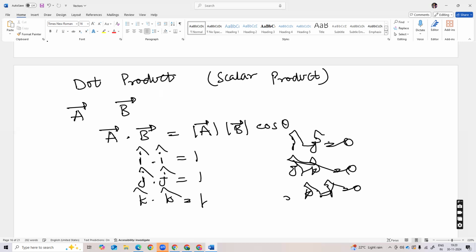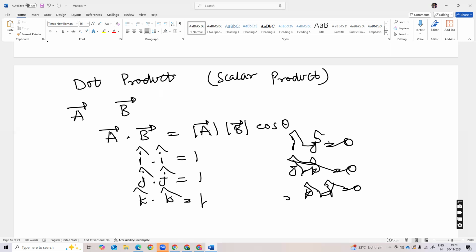Why is it 0? See, the dot product is magnitude of A, magnitude of B into cos theta. If you put i for both A and B, the magnitude of A is 1 and the magnitude of B is 1, so 1 into 1 is 1.